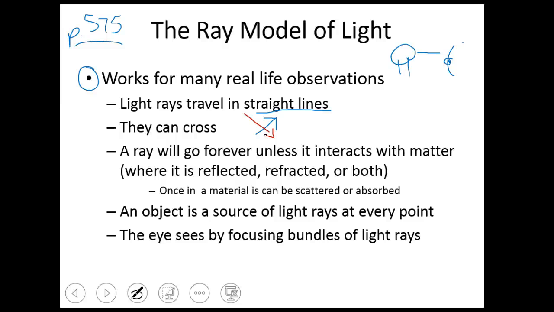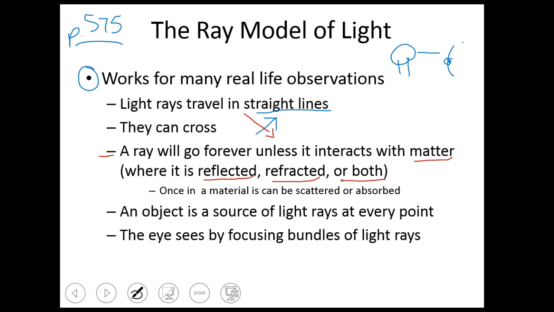Assumption number 3 says that a ray will continue to go on even if it crosses another light ray until it interacts with matter. And so that's a solid, a liquid, or a gas, at which time it can do one of 2 things. That light ray can be reflected off of the material, it can be refracted, or it can actually experience a combination of both.